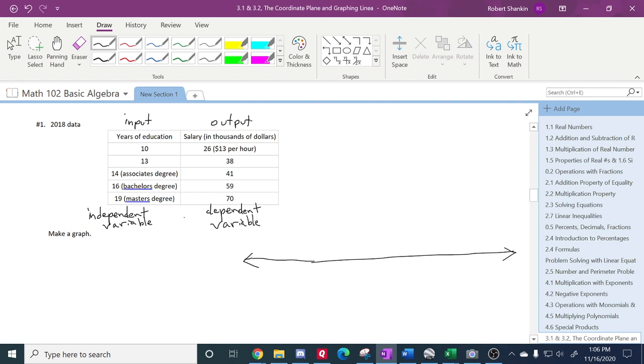Now variables mean we can vary them. We can do what ifs. What if I stopped at 14 years of education? Then what's an average salary I might be able to expect?